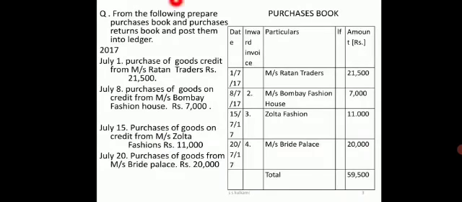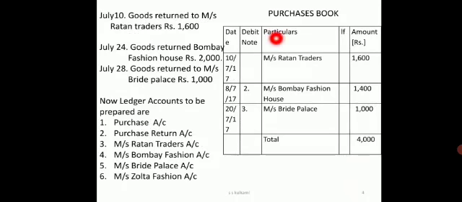So first we have the transactions which we have picked only on purchases: on 1/7 Ratan Traders 21,000, on 8/7 Bombay Fashion House 7,000, on 15th Zolta Fashion House 11,000, on 20th Bride Palace 20,000. So the total of purchases is 59,500.